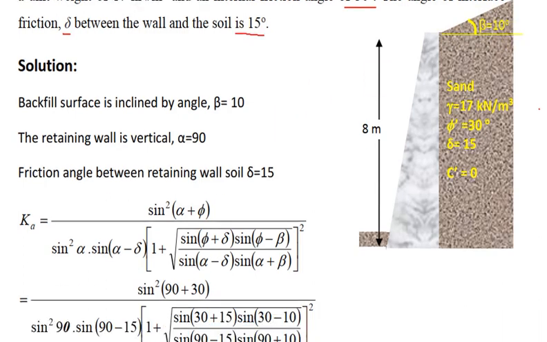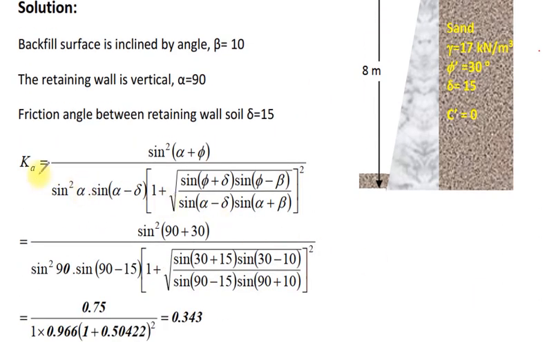First, compute the coefficient of active lateral earth pressure using Coulomb theory, which assumes a friction between the wall and the backfill.